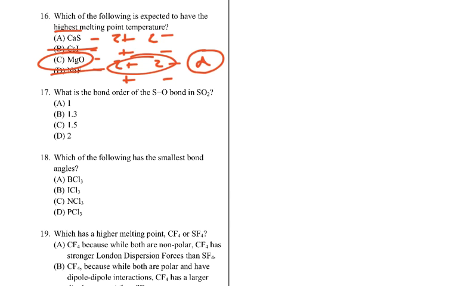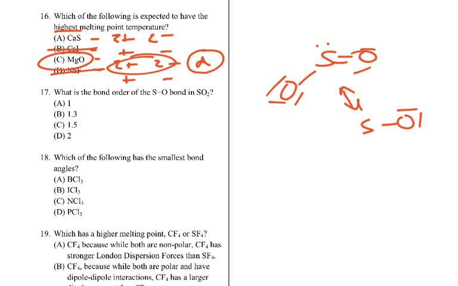17. What's the bond order of S in SO2? Well, what does SO2 look like? It's going to look something like this. We have 2 resonance structures, and when you have 2 resonance structures, the bond order is 1.5.